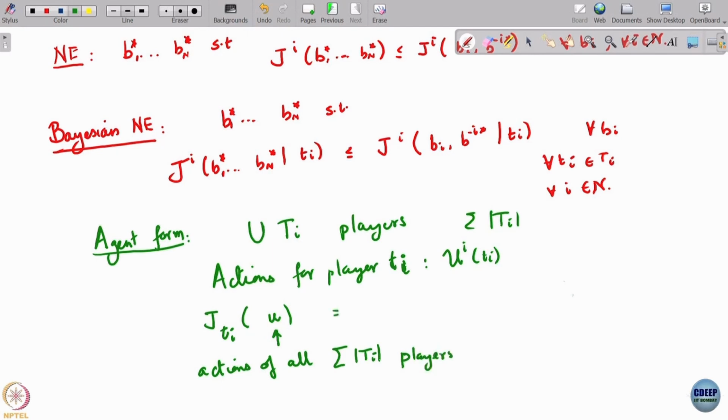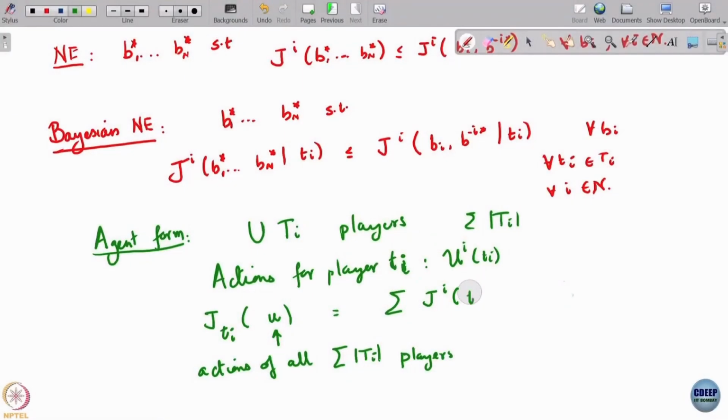Now I want to write the cost of player Ti when all players have chosen this action profile u. This is what player i would get when these actions are chosen in a certain type profile.